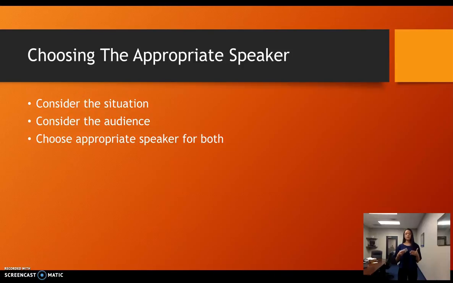You must also consider the audience's beliefs, their ideology, their gender, and other different types of values within the audience. By assessing the situation and the audience, you can combine that together to find the right speaker. Organizations must do this, since it's very important that they rebuild trust and credibility, as well as remain ethical and continue their success.